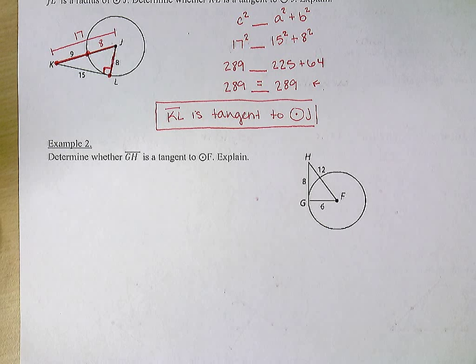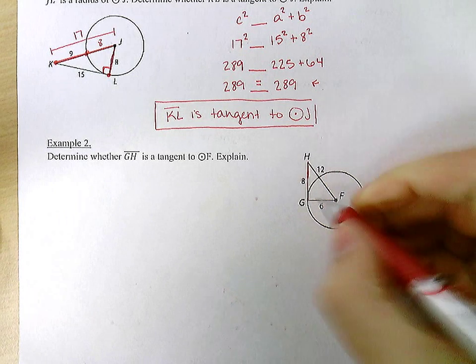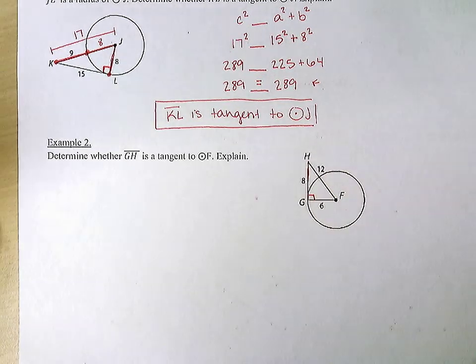All right, so looking at example 2, GH is this line right here, and we want to see if it's tangent to circle F, so we want to see if it's perpendicular with that radius.